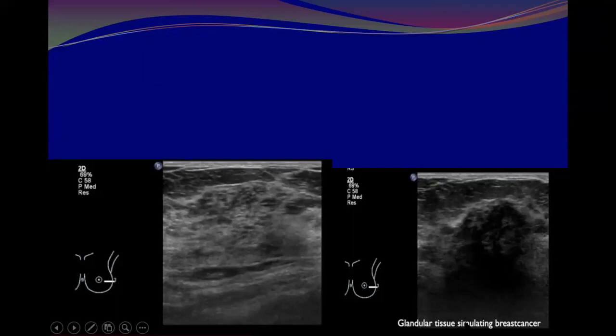It is written: glandular tissue simulating breast cancer. Look at this glandular tissue here, amalgamated together, giving shadowing, very thick, absorbing the sound. By giving pressure, we make it thinner, let the sound go through, and everything becomes clear.